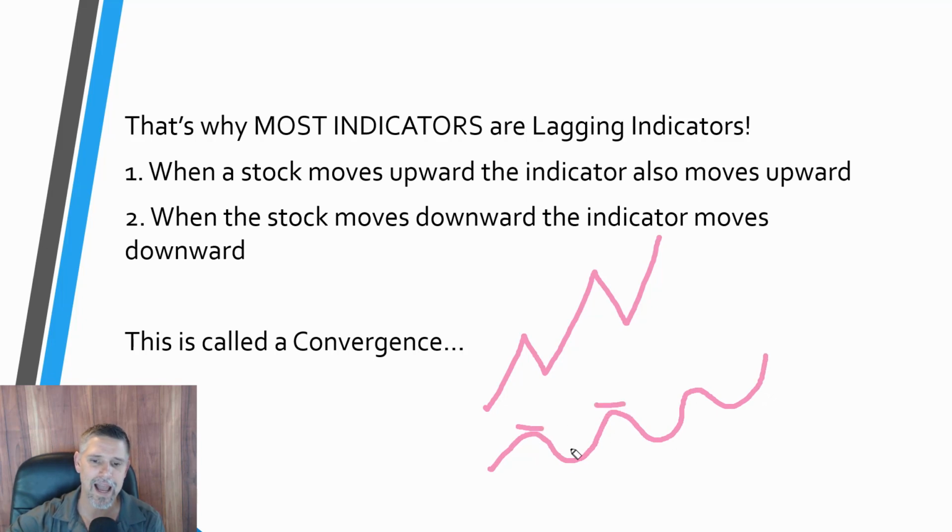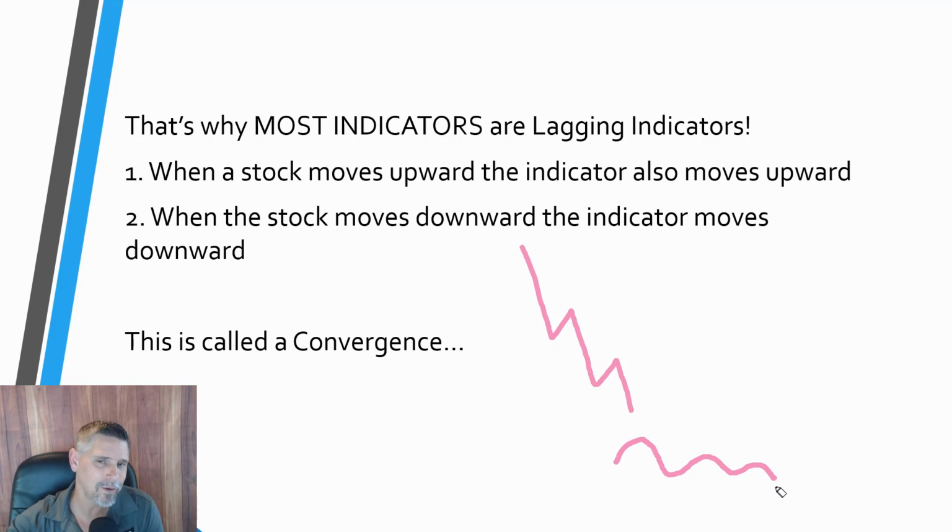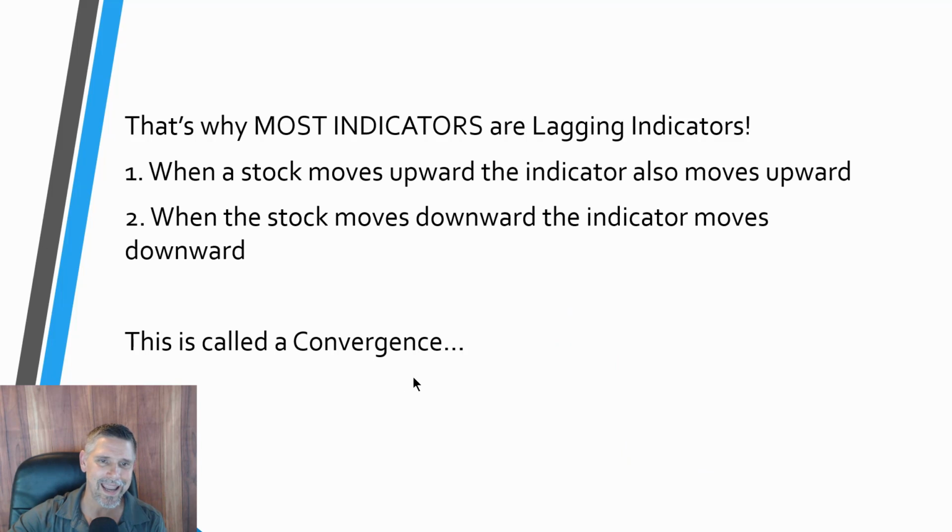The higher highs on the indicator, higher lows, higher highs on price, higher lows. So when a stock is moving upward, the indicator also moves upward. When the stock is moving down, we expect the indicator to be moving down, right? No problem. We'll show that here in a second. So that is a convergence.